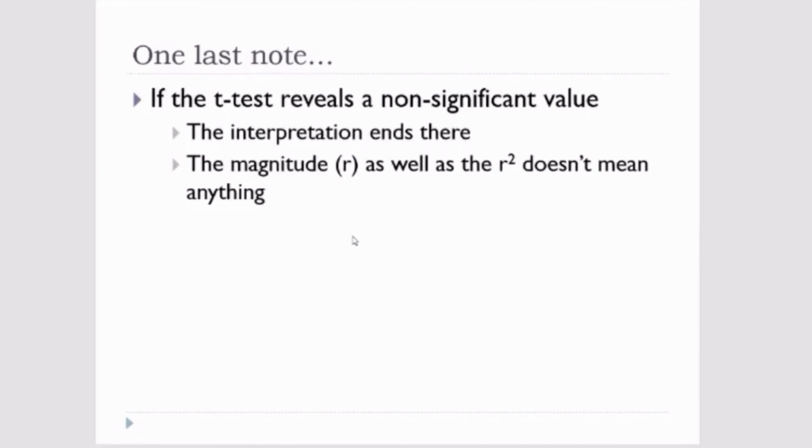Maskin unsa ka strong imong relationship, wala gihapon ang relationship kung dili significant.